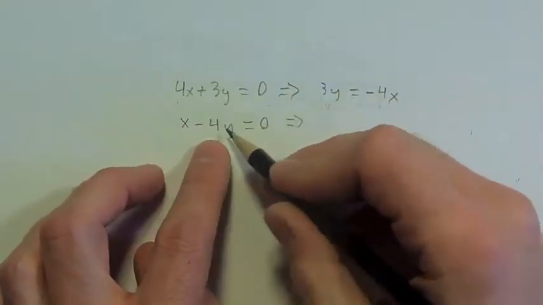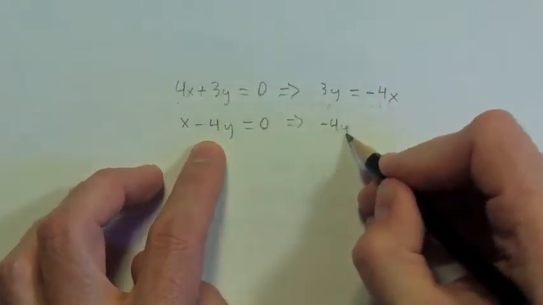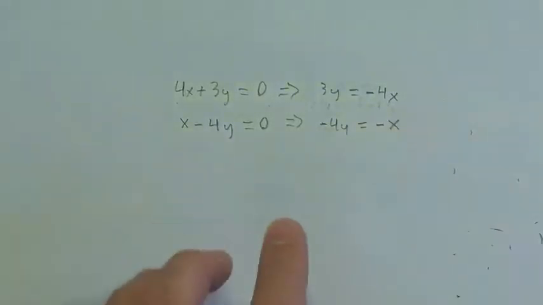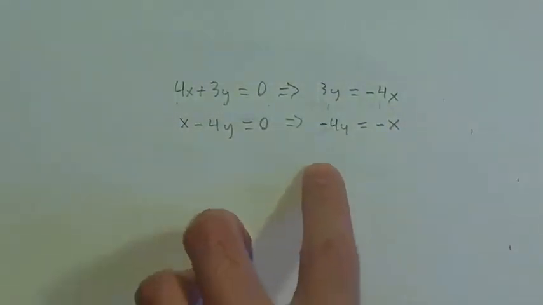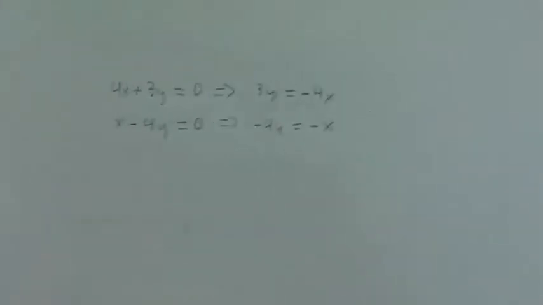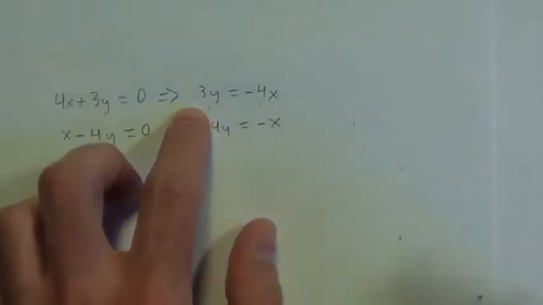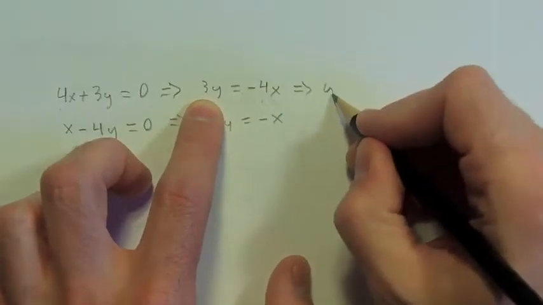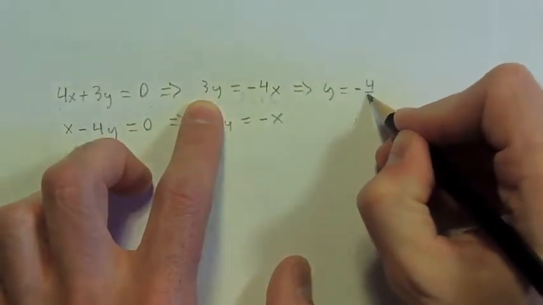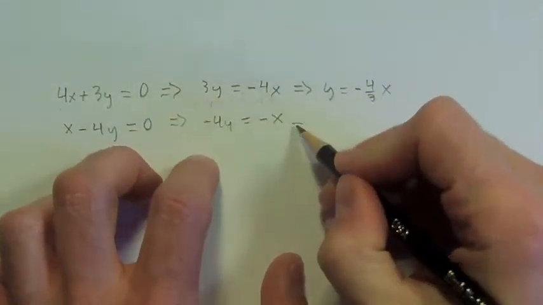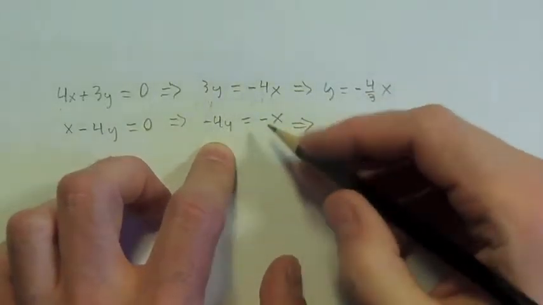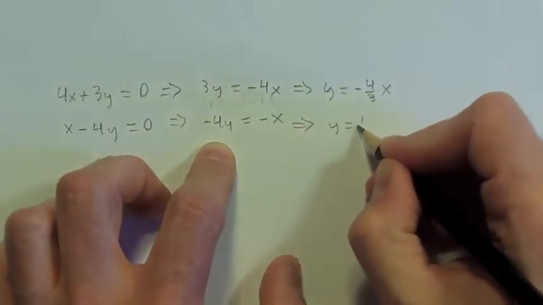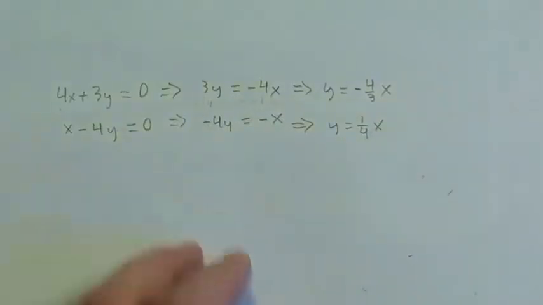In this case, I'll get that negative 4y is equal to negative x. Then we'll divide both sides by whatever it is we get. So in this case, I'll divide by 3 to get y is equal to negative 4/3 x. And here, I'll divide by negative 4 to get y is equal to 1/4 x.